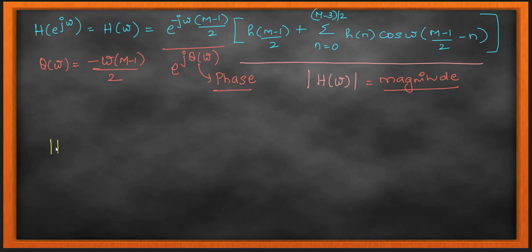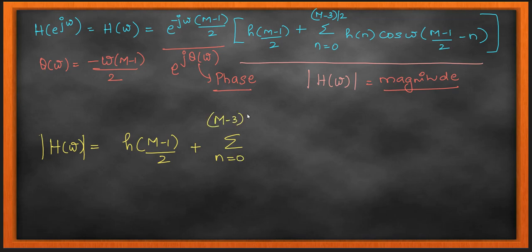The phase response is going to be linear, because it's directly proportional to omega. The phase is linearly proportional to the frequency. And now I can write the magnitude response to be this. So this is the final equation, and that is also the most important equation for the magnitude response of your FIR filter.